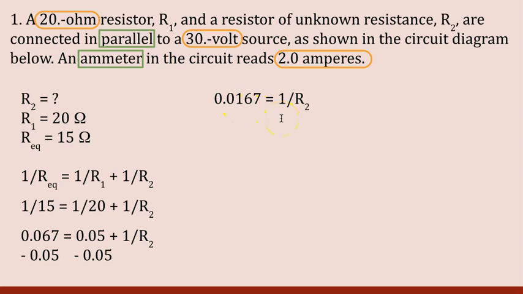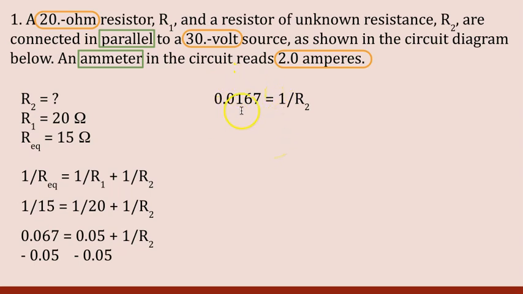That would probably be too far off. And then your other option, of course, is to just keep the fractions for now. 1 over 15 equals 1 over 20 plus 1 over R2. Instead of changing that to a decimal and then subtracting 0.05, you could always just subtract 1 over 20 from both sides and keep them as fractions up until the end. So either way would work, but if you're doing decimals, make sure you do have a few decimal places.